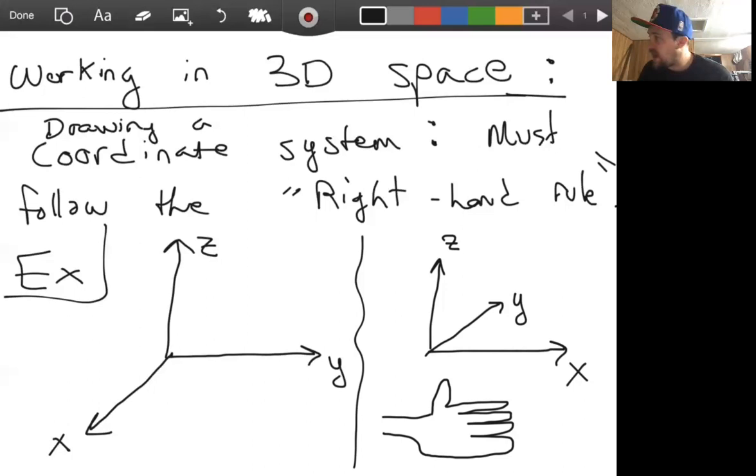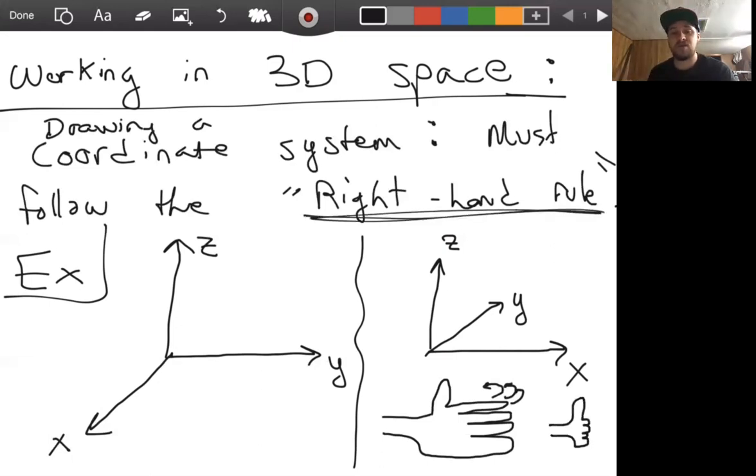So if you can imagine this hand curling their fingers to make a thumbs up sign, like this, where their hand started in the direction of the positive x-axis and they curled their fingers towards the positive y-axis. Their thumb should point in the direction of the positive z-axis. This must be the case for your coordinate system to be correct. And this is what the right-hand rule is.